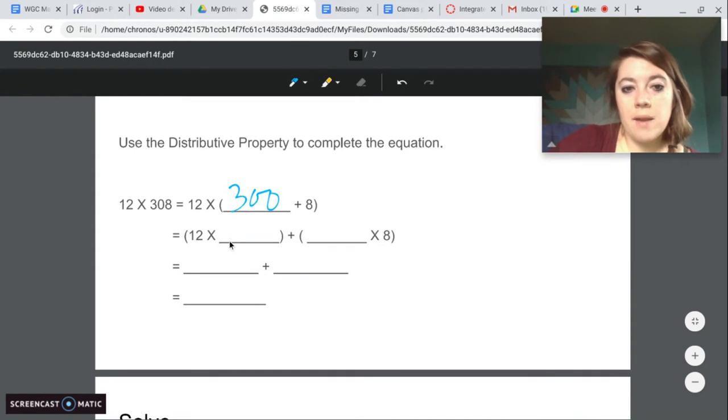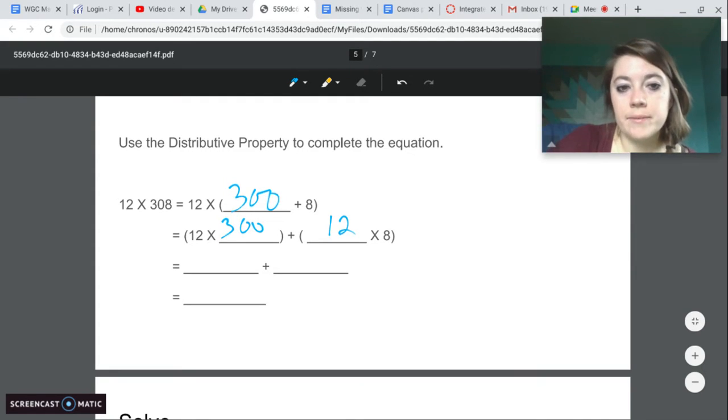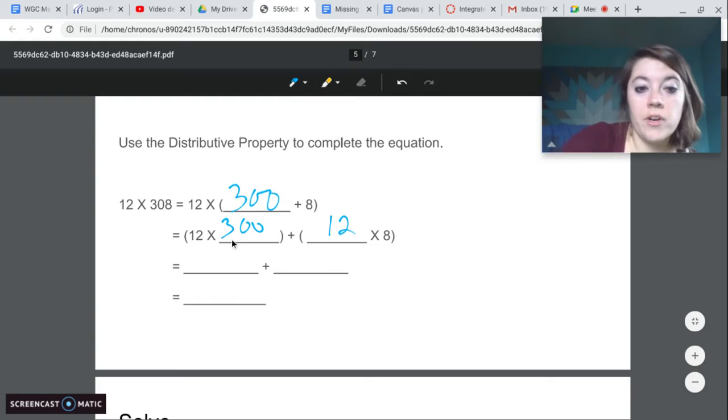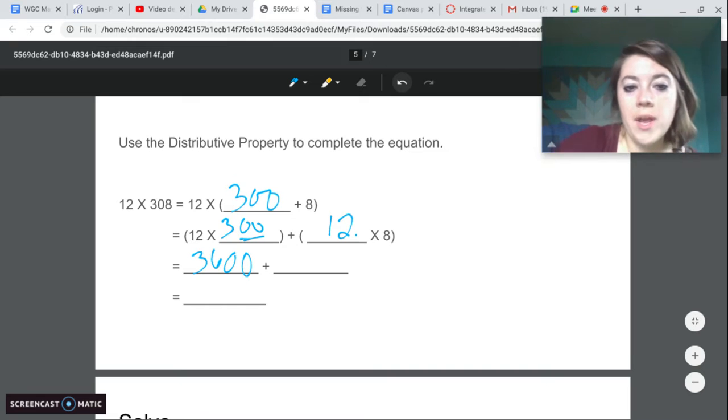So 12 times 300 plus 12 times 8. Now we find what 12 times 300 is. Well, 12 times 3 is 36. Sorry, hang on. 36 plus 2 zeros, because there were the 2 zeros in the 300.